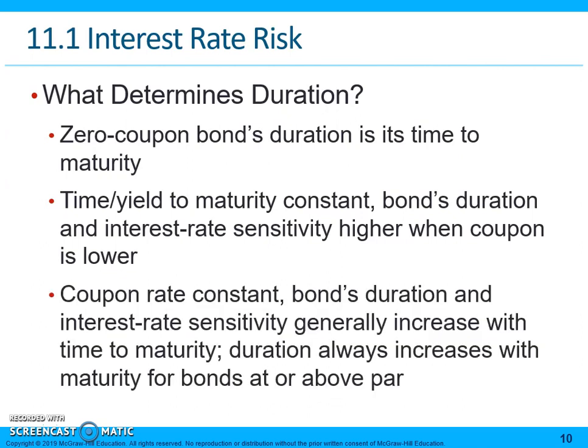Holding the coupon rate constant, a bond's duration and interest rate sensitivity generally increase with time to maturity. That should make sense. The longer a bond is outstanding, the longer you have to discount those cash flows. A bond's duration also increases with maturity for bonds at or above par.